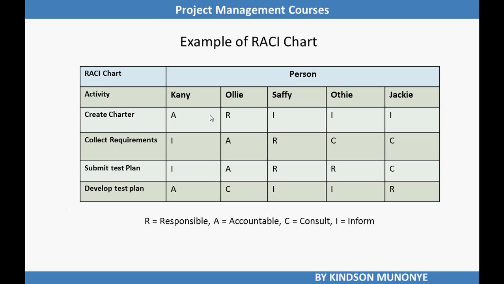And then we also have the consult, the person that signs off or approves this activity for it to be done. Then we have informed. This stakeholder is informed about this activity but might not necessarily be consulted before. So this is how the RACI works. Take some time to understand the chart here, and it will make a little more sense to you.